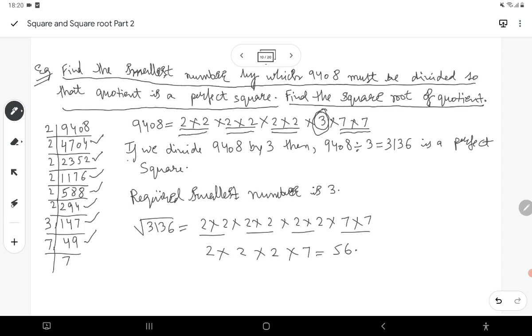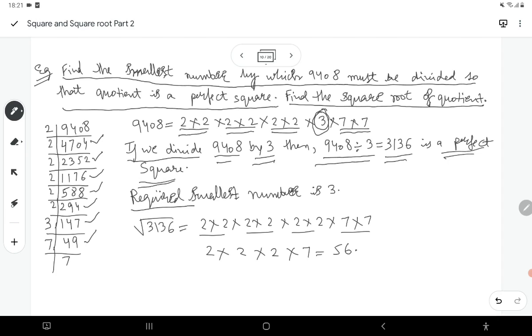So if we divide 9408 by 3, then the remaining factors would make pairs. So 9408 divided by 3, which is 3136, would be a perfect square.